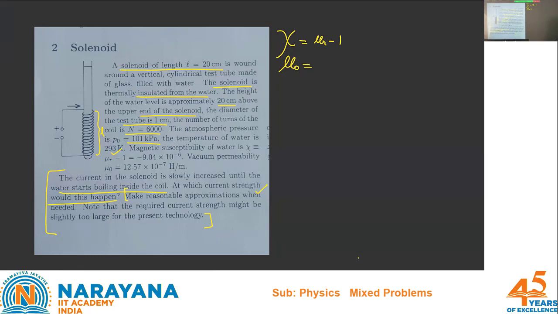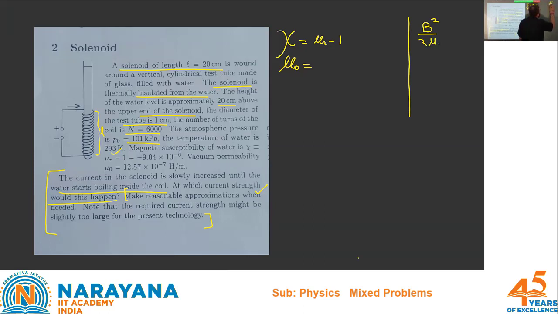So, in this problem, first thing is that if water was not present, and I have some differential volume inside the solenoid, I know that the magnetic energy per unit volume there is the B square by 2 mu naught term.